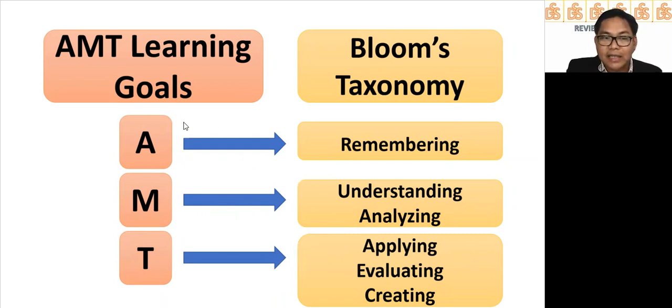Okay? So mas madali natin. We know na lahat ng acquisition are objective type of test, and those are related to remembering. While meaning-making assessments, where students construct meaning, find connections, are related to understanding and analyzing. While transfer assessments, where students are applying what they have learned, doing something, creating something, producing something, are related to applying, evaluating, and creating.